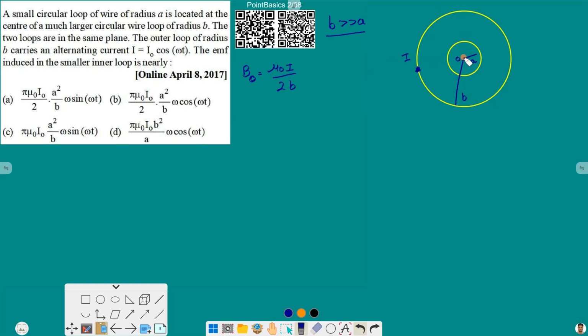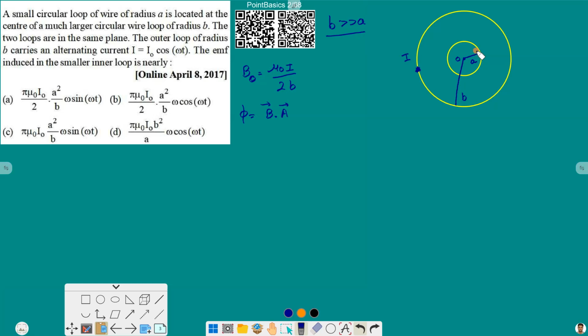Now, to calculate flux we need area, and we take the dot product of magnetic field and area. If the radius of our inner loop is larger, then we don't have a definite value of magnetic field, because this formula only works for the magnetic field at the center, not around the center.